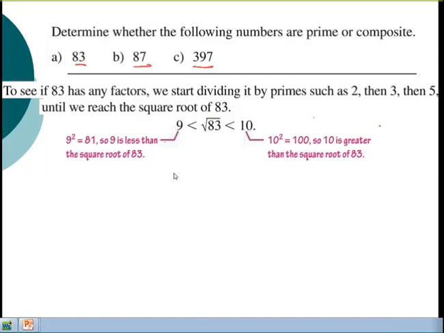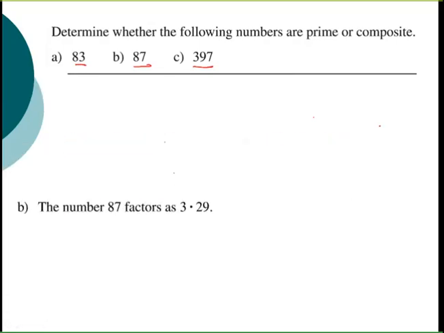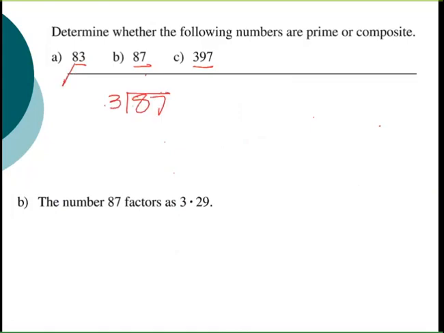And so let's take a look at 87. Here we go. 87 has factors of 3. Now notice 83 is a little bit less than 87. 87's square root is a little bit bigger, and so you would do the same process. You would take 87 and divide it by the prime numbers, and so we have 87 divided by 3, whereas with 83 we would have done the same process.